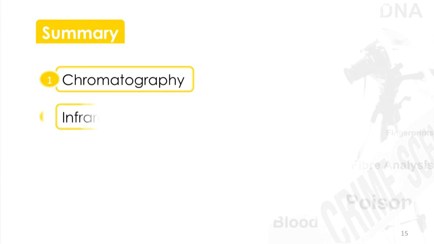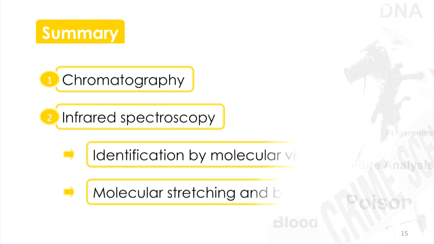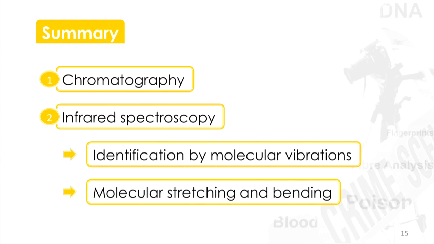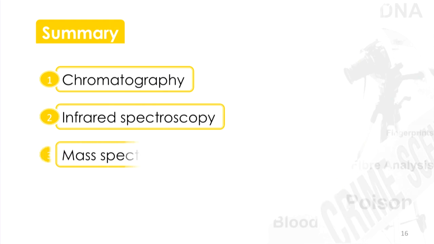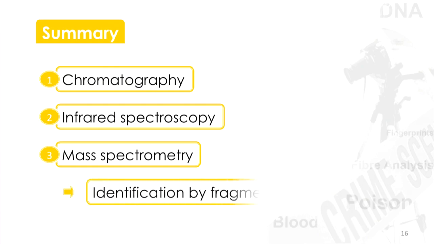We have infrared spectroscopy based on the molecular vibrations, and we have mass spectrometry where we use the fragmentation pattern of the molecule. And we can even combine our separation technique, our chromatography, with our identification technique, most commonly our mass spectrometry. And we can combine those into a single instrument. And this is one of the most important instruments for the forensic scientist.